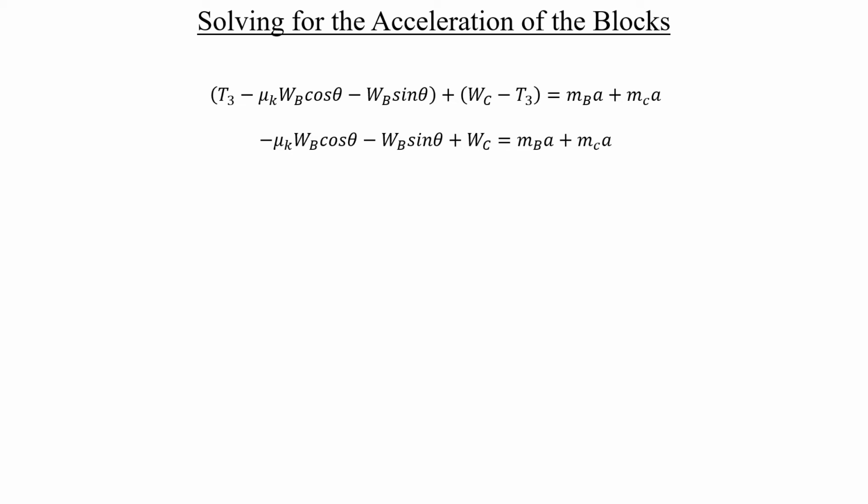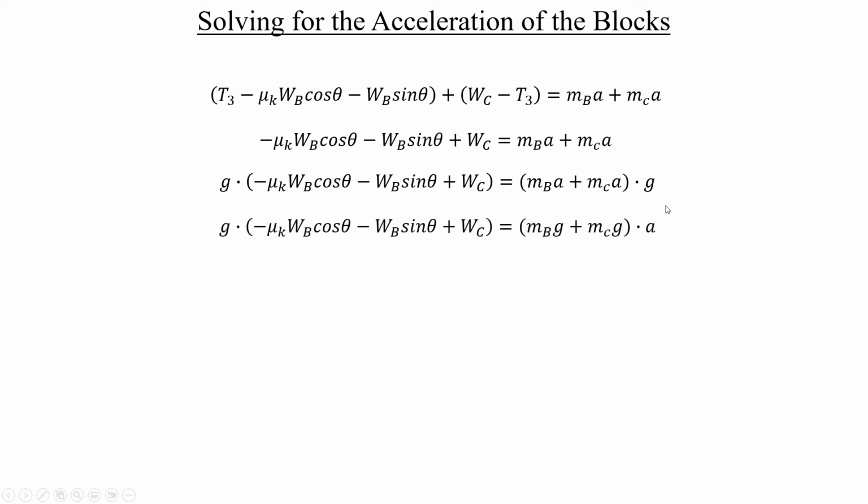Instead of doing some side algebra to figure out what these individual masses are, let's multiply both sides of this equation by g, like this. Now what we're going to do is absorb g into the terms on the right-hand side and then factor out the acceleration, like this.